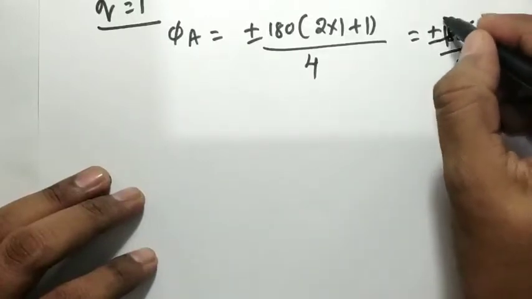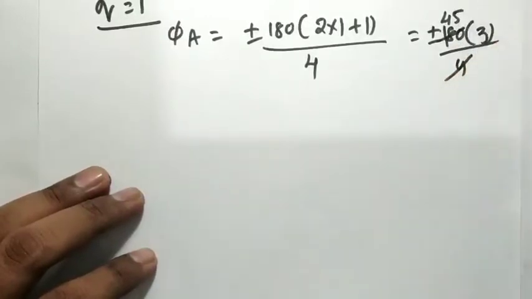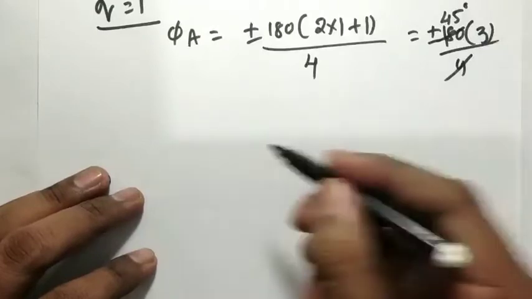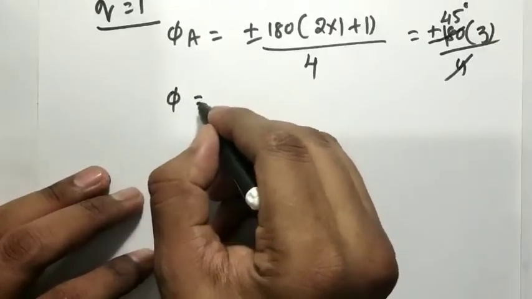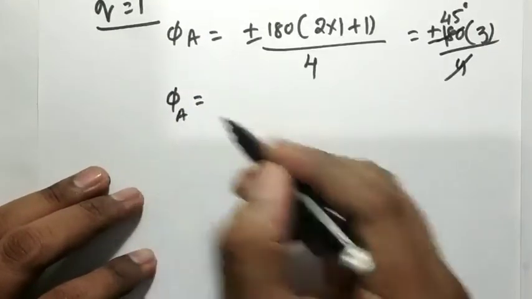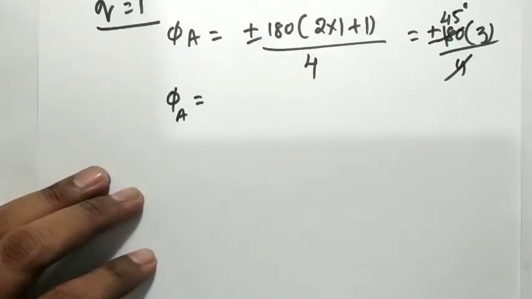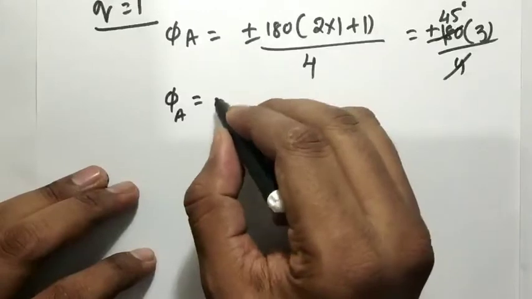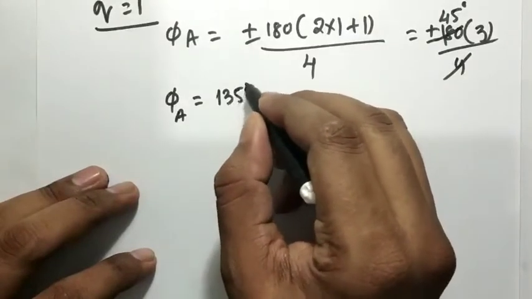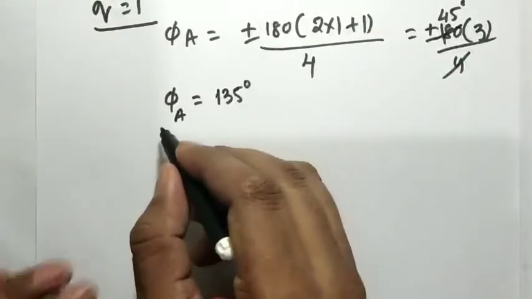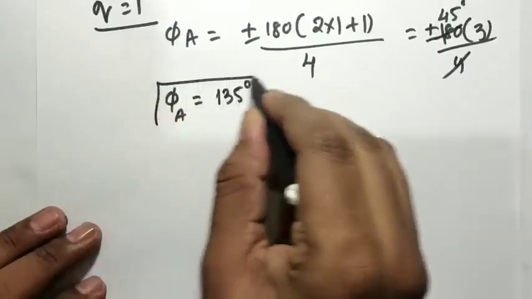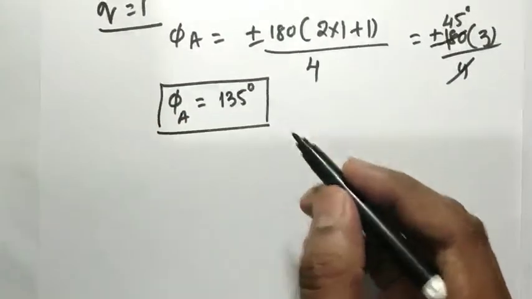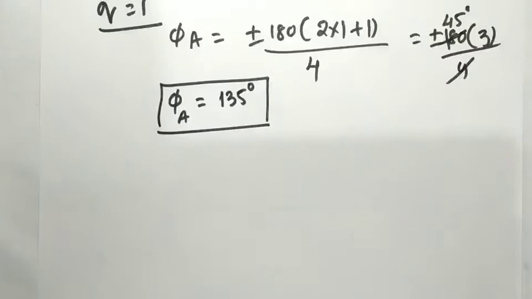This becomes 45 into 3, how much do you get? 135. So you will get 135 degrees. So φa is 135 degrees when q is equal to 1.